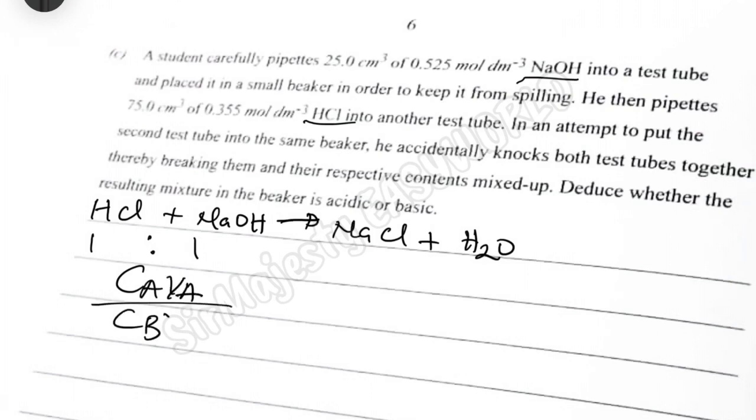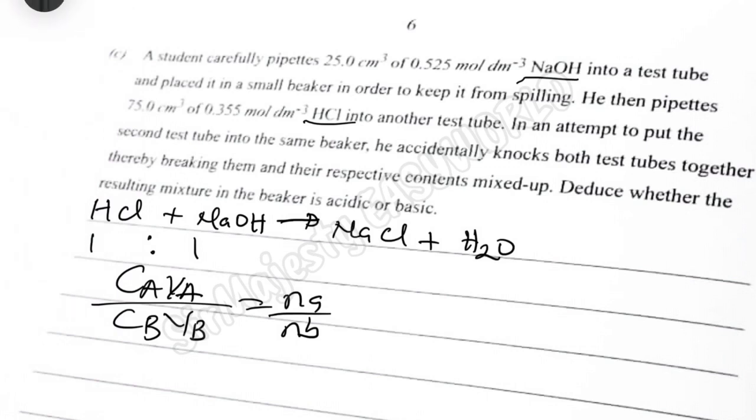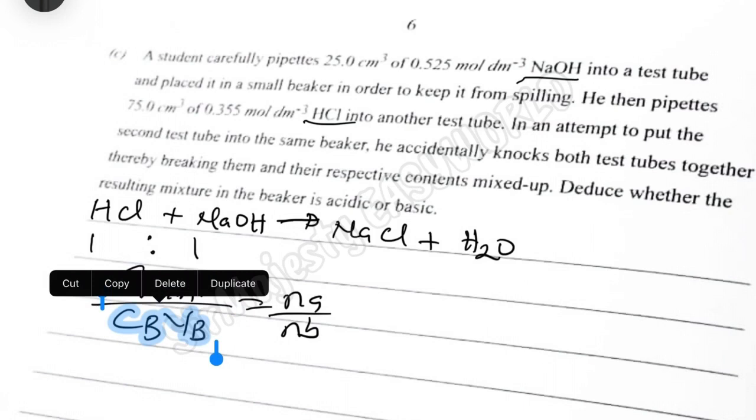CAVA over CBVB equals NA over NB. What matters here is our ability to interpret what this formula means. To explain this further, if you multiply CAVA and divide it by the product of CBVB, it is supposed to give you the same ratio as dividing the mole of the acid by the mole of the base.